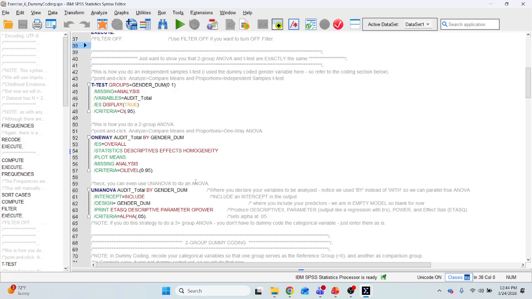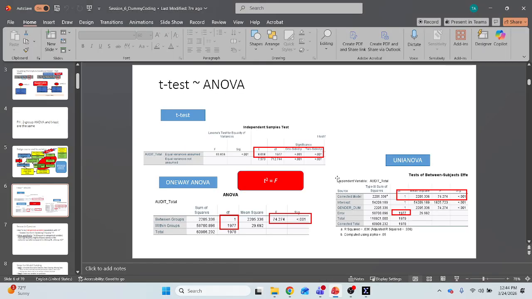Uni-ANOVA is another way. This is what we've been doing. Now, what are these three things for? If you run them, it's me telling you that a t-test is an ANOVA. An ANOVA is a GLM.